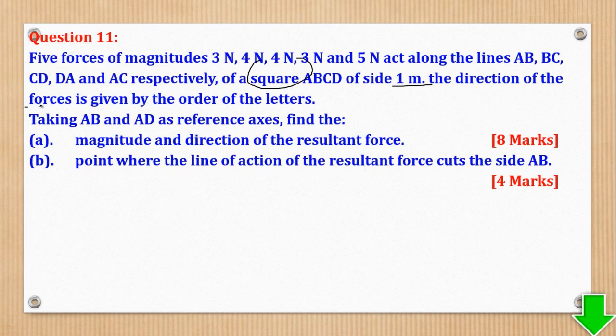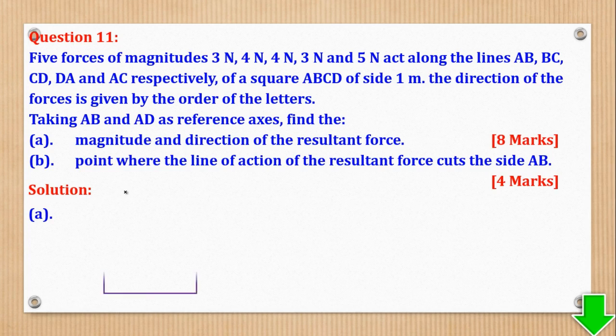The direction of forces is given by the order of the letters. Then taking AB and AD as the reference axes, find Roman 1 the magnitude and direction of the resultant force, and Roman 2 the point where the line of action of the resultant force cuts AB.